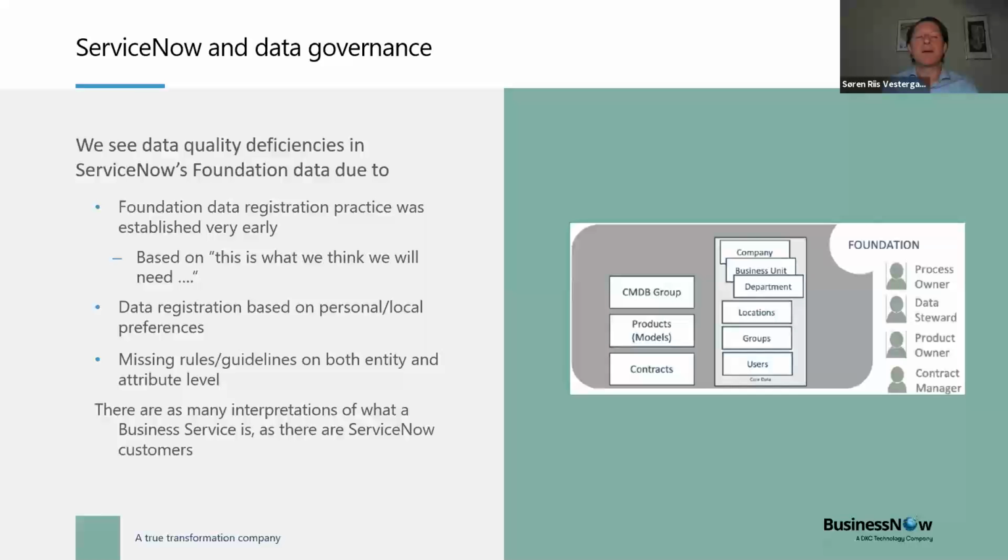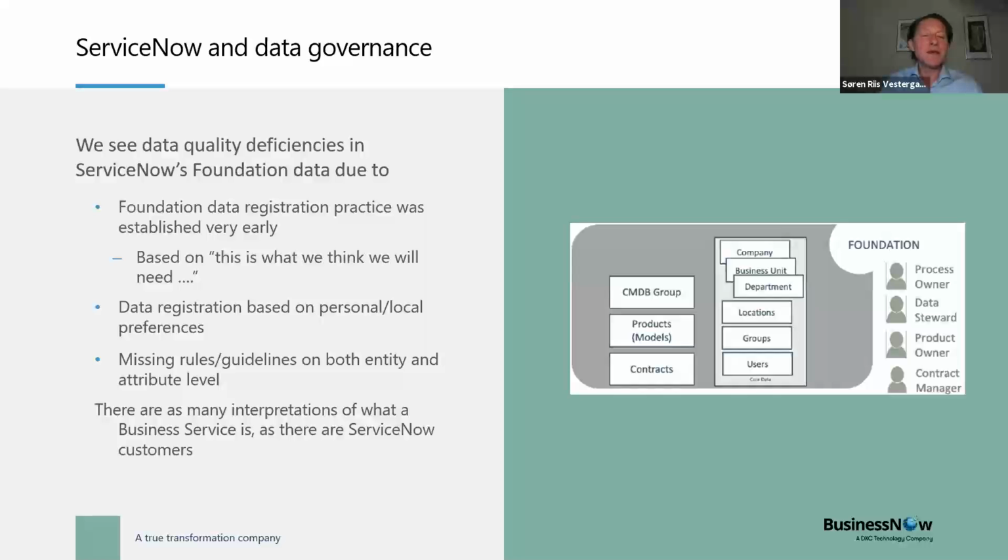This is just one example. It's not to say anything negative about service desk personnel, but maybe there's a lack of understanding and guidelines to help people register consistently and completely.